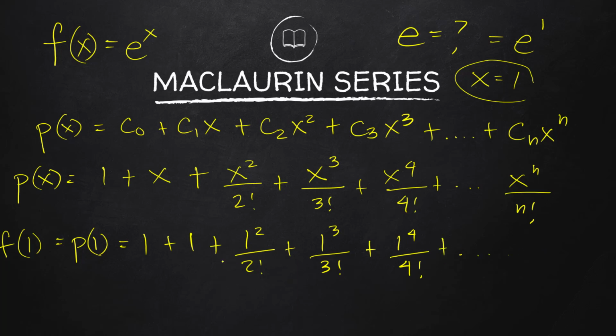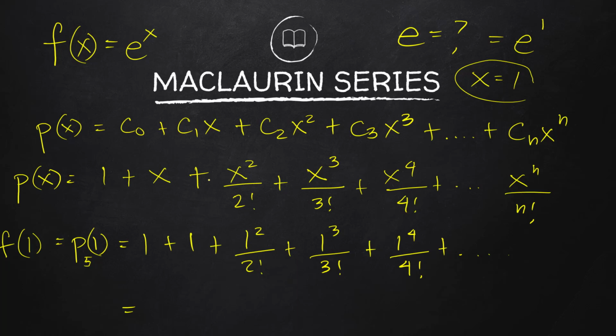But for this case, let us just limit it to the sum of the first 4, or 5 rather. 1, 2, 3, 4, 5. The sum of the first 5 of the approximating function or the power series. So in this case, what is the value of the function e raised to 1?